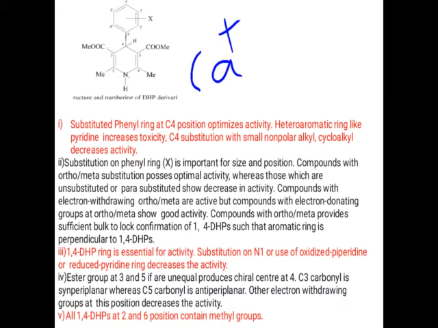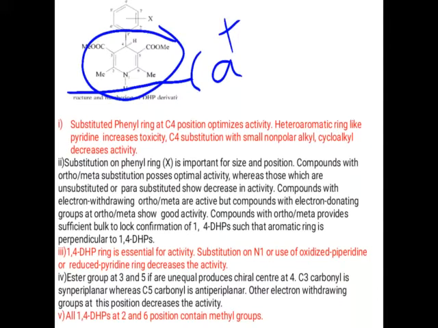Okay, so this is the structure of dihydropyridine which acts as a calcium channel blocker. There are different types of calcium channel blockers, and one type is the dihydropyridine. Here you can check the structure.